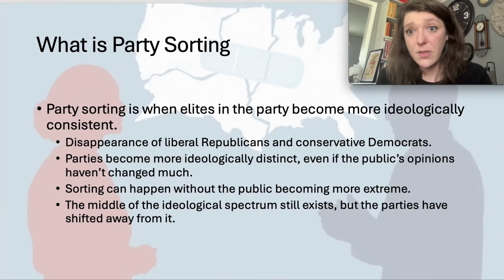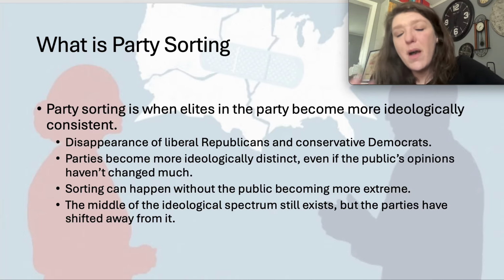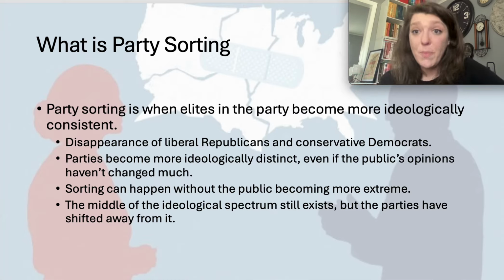And I'll talk about what this looks like in terms of each of the different parties. But moral of the story is, when party sorting occurs, this is when parties become more ideologically distinct. Even though the public is still mixed, the parties become more unified around one ideological space, and they stand for certain things. And again, this is what I'm going to talk about in the future slides.